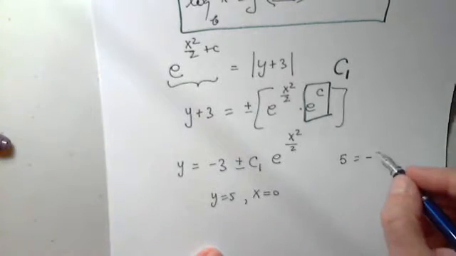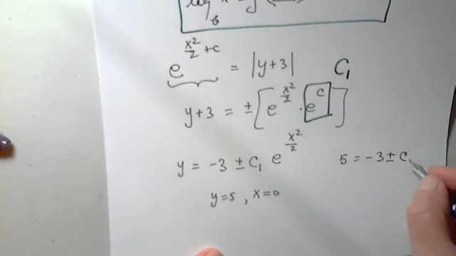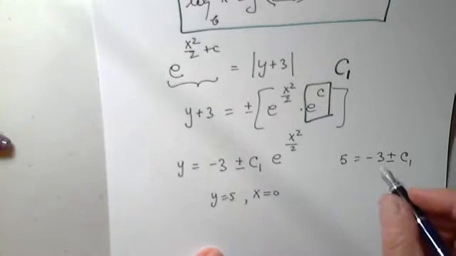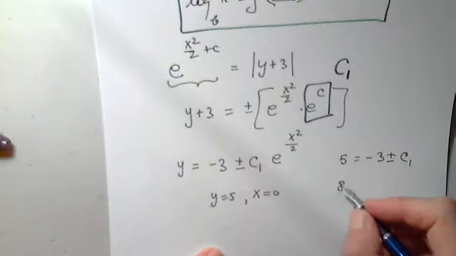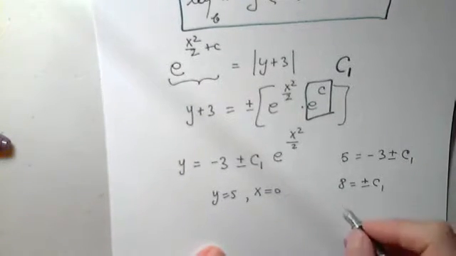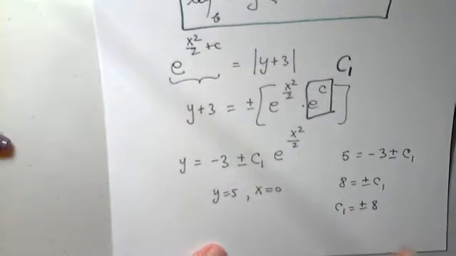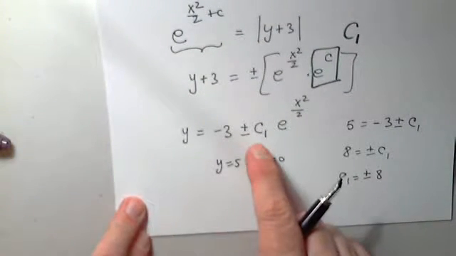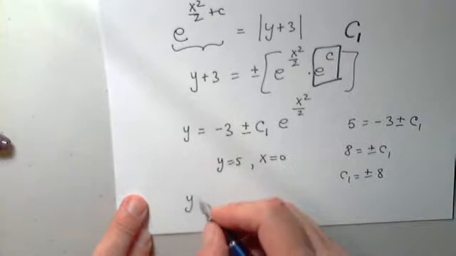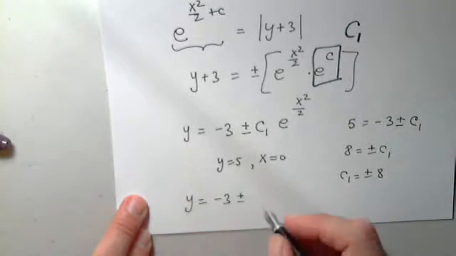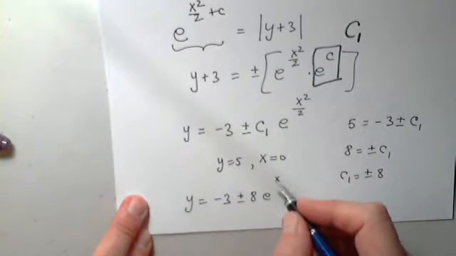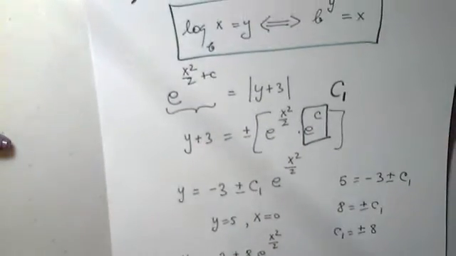So this is negative 3 plus or minus c1. Move 3 to the other side, I get 8 equals plus or minus c1. c1 is plus or minus 8. Now I can put it back in. So y equals negative 3 plus or minus 8 e raised to x squared over 2.